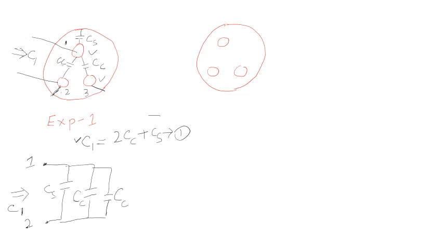Now I am going for the next experiment on the same thing, this is experiment number 2. But this time I will connect all the three cores together in a bunch, and measure the capacitance between any one core and the sheath.